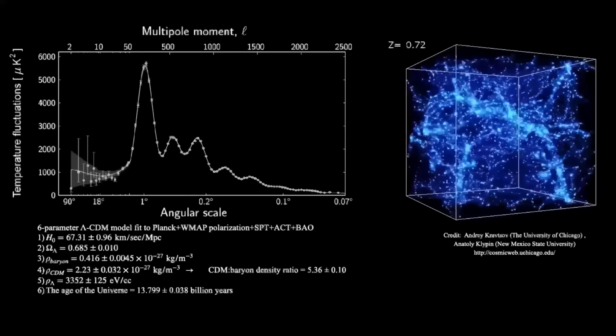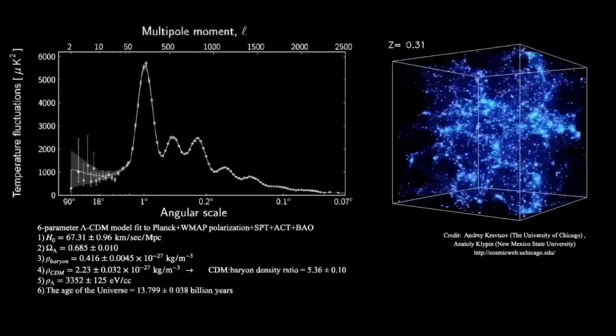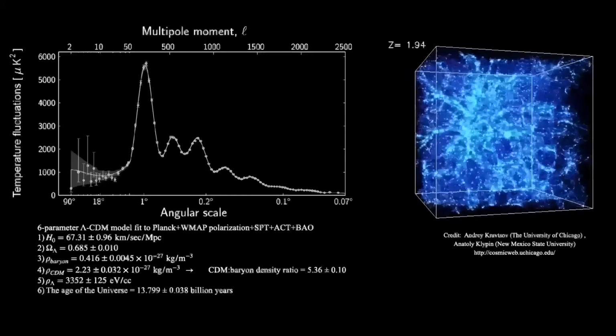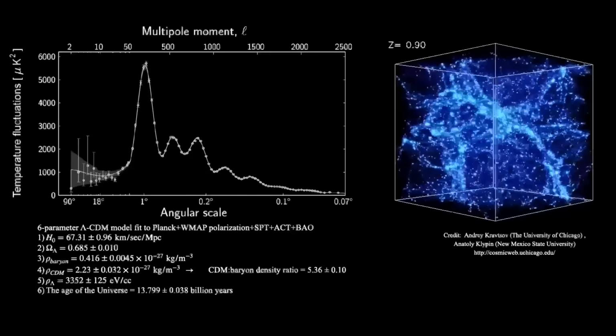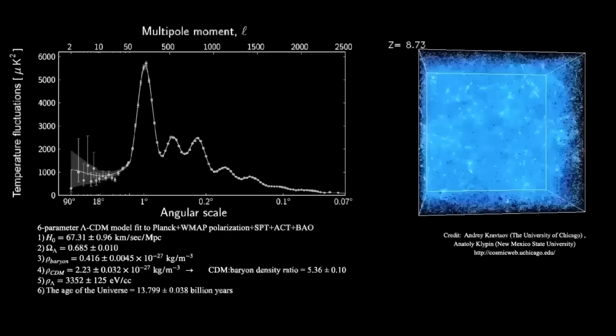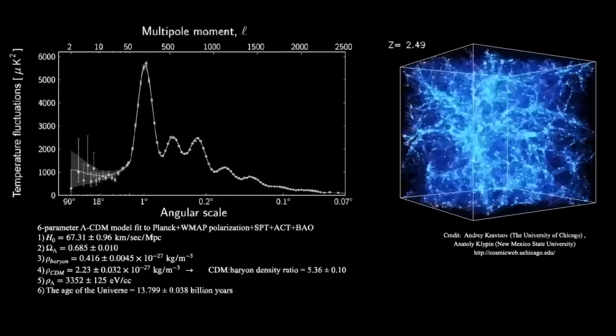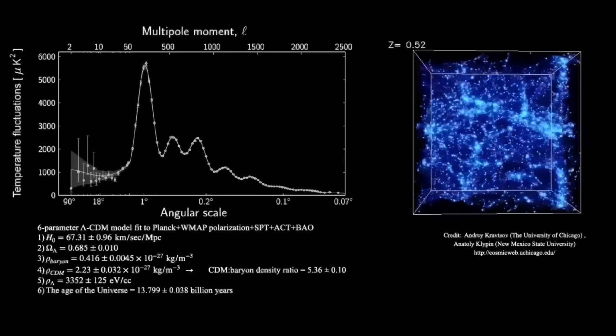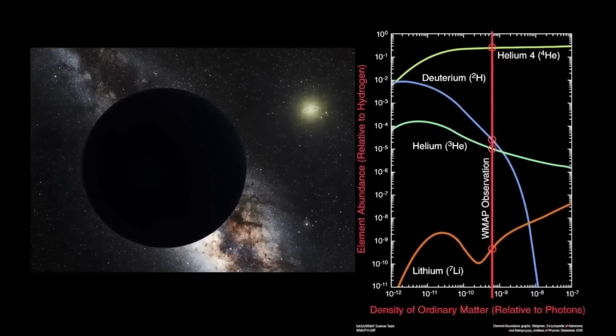But recent JWST observations seem to be supporting an earlier and faster than expected galaxy formation, which means that you really do need dark matter in the early universe to create those seeds in order to make galaxy formation and galaxy structures.